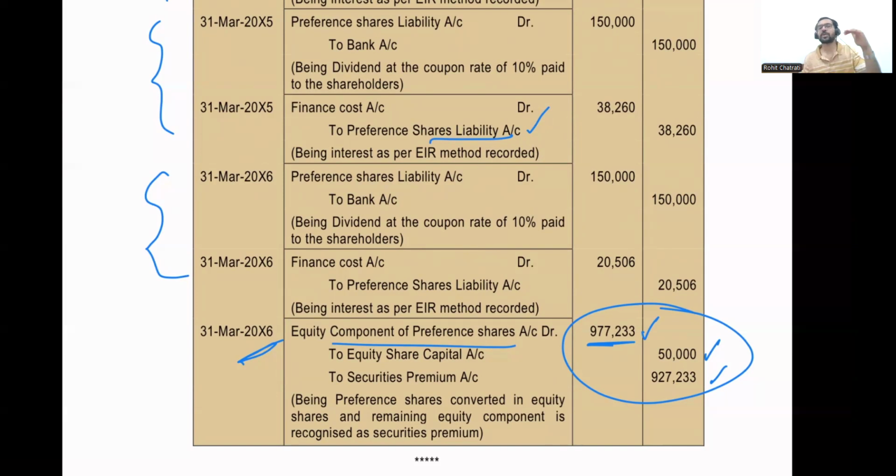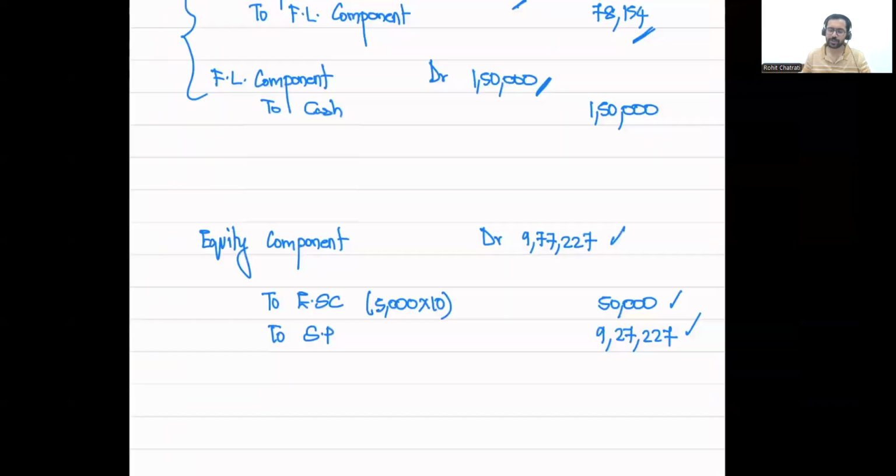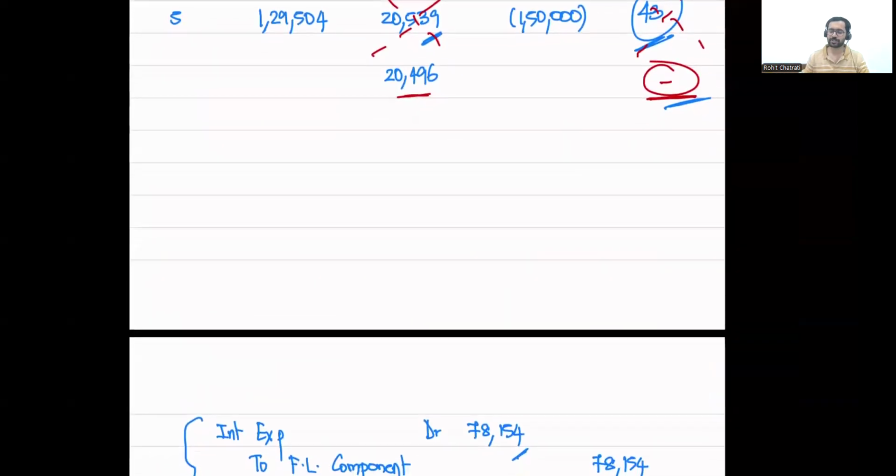Earlier it was disclosed in a separate row, but now within the shareholders funds we are reclassifying it to equity share capital and share premium. So issuing equity shares over here is not going to result in a change in shareholders funds in totality. It's only going to move from one row to another row. With that, we are done with illustration number 6 of the comprehensive illustrations as well.